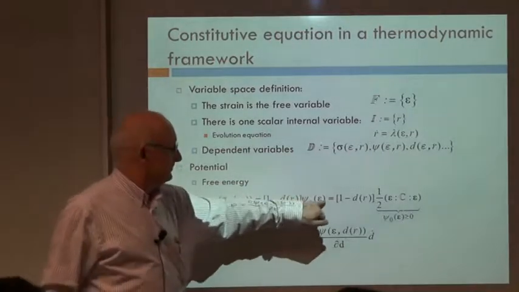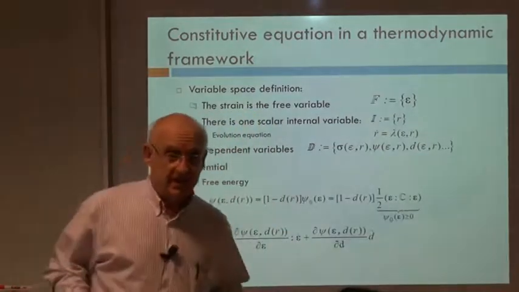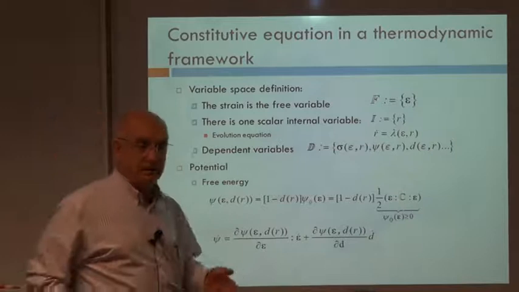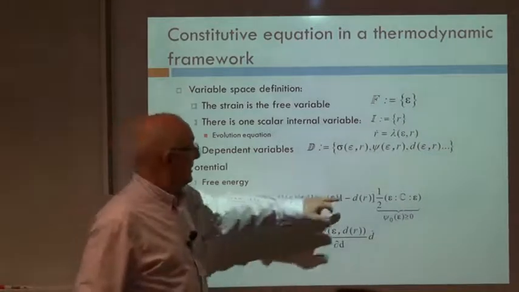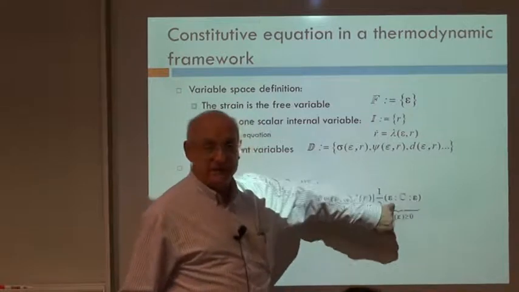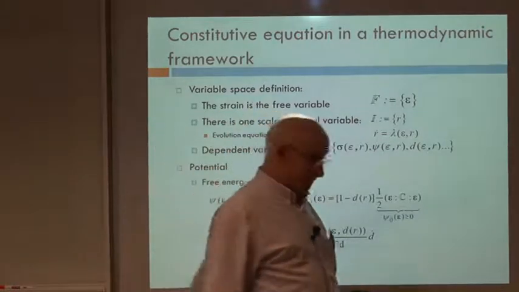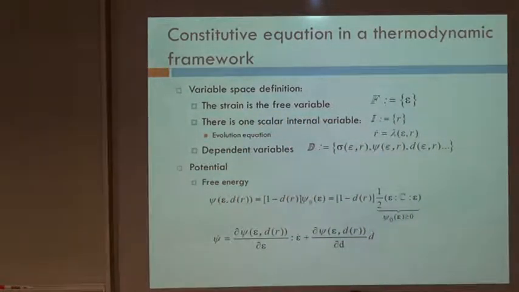Let's call phi 0 the free energy that we would consider for a purely elastic material. You remember that for linear elastic materials, that free energy had the form of a quadratic form in terms of the strains, 1/2 epsilon C epsilon. Then it's rather natural to consider that as the material is damaged, this is the capacity, it tells about the capacity of storage of energy in terms of the sustained strains.